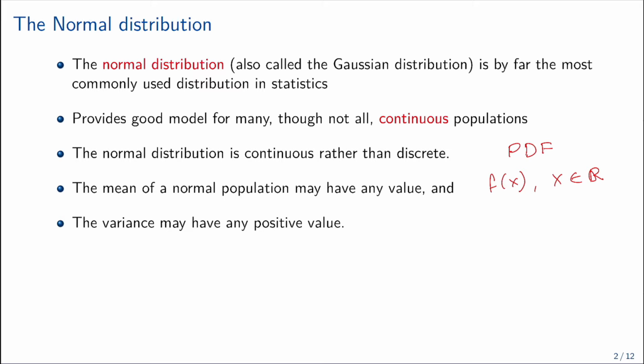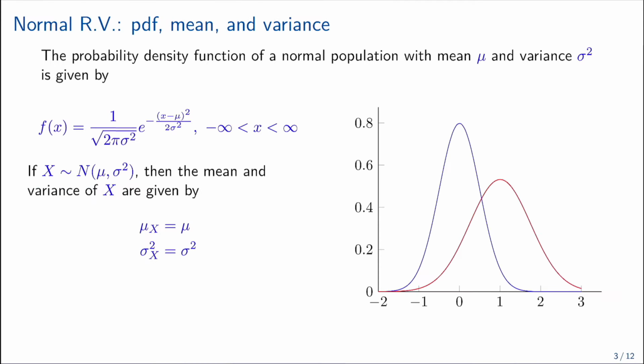So we have two main parameters in the normal distribution. One is the mean, and the second one is the variance. And both are real numbers. Now, the probability density function is defined as an exponential function. So its domain is from minus infinity to infinity. This is the argument of the exponential.